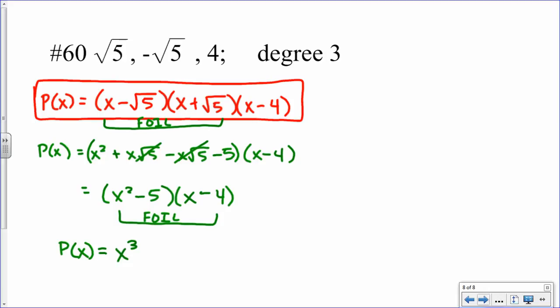My outer is negative 4x squared. The inner is negative 5x. And then negative 5 times negative 4 is positive 20. Okay. Any like terms? No. And is it standard form? Do my exponents go in order from greatest to least? 3, 2, 1, constant. Okay.